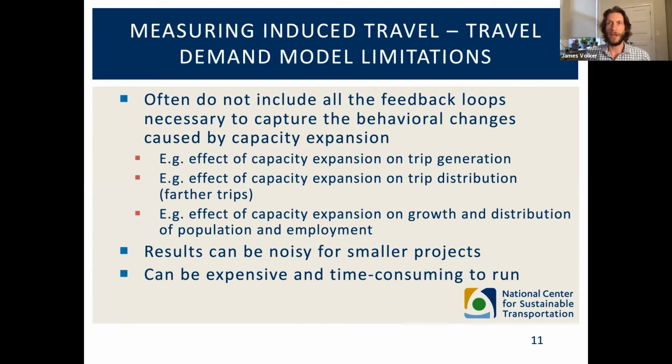In addition, beyond these feedback loops, travel demand model results can often be quite noisy, especially for smaller capacity expansion projects, which inhibits your ability to get an accurate estimate of induced travel. And the models, especially activity-based models that are becoming more common today, can be expensive and quite time-consuming to run.